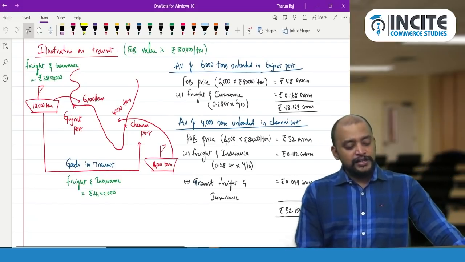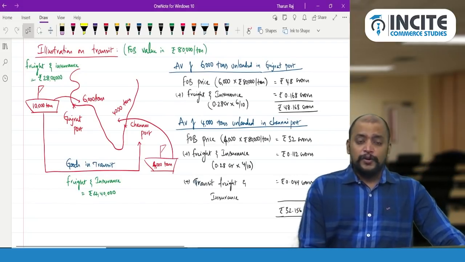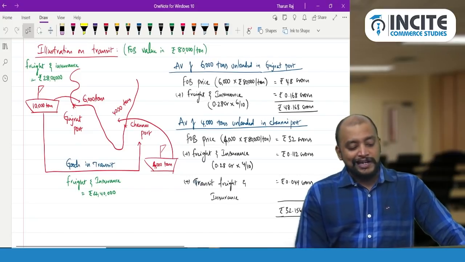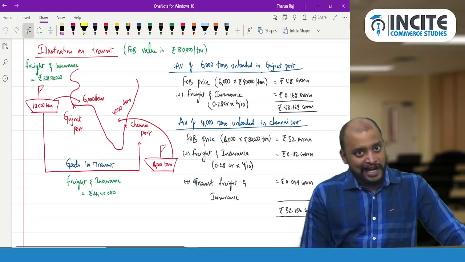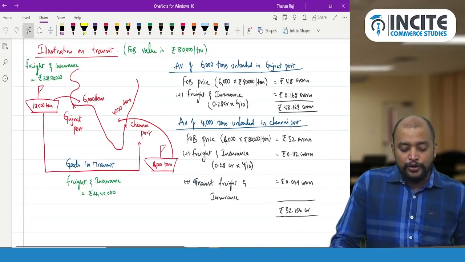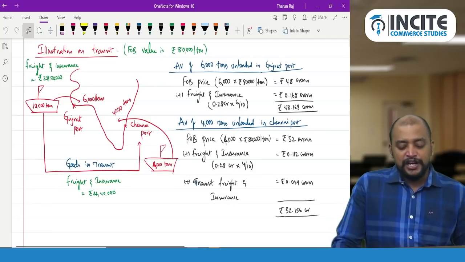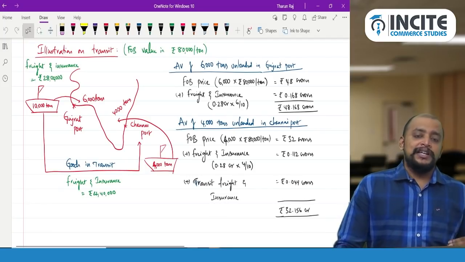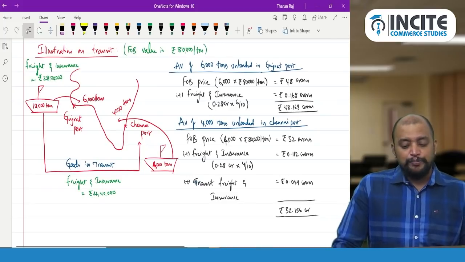This is known as goods in transit. Now for bringing the goods to Gujarat port, the first port, they incur freight and insurance of 28 lakhs, and thereafter for taking the goods from Gujarat port to Chennai port, the freight and insurance is 4,40,000, and the FOB value is 80,000 rupees per ton.